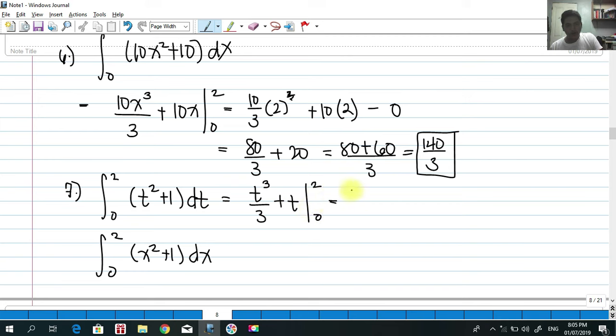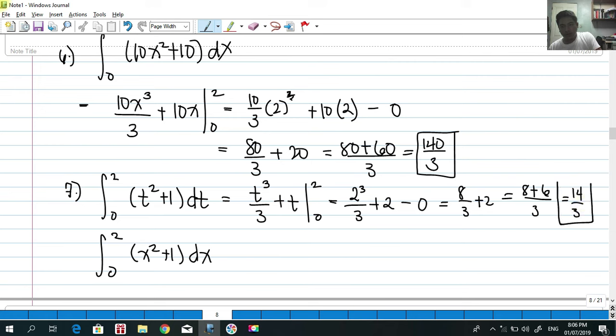So we have 2 cubed over 3 plus 2 minus, if we substitute 0 here, 0 over 3 is 0 plus 0, minus 0. So simply we have 8 over 3 plus 2, so 8 plus 6 over 3. So 14 over 3 is our answer.